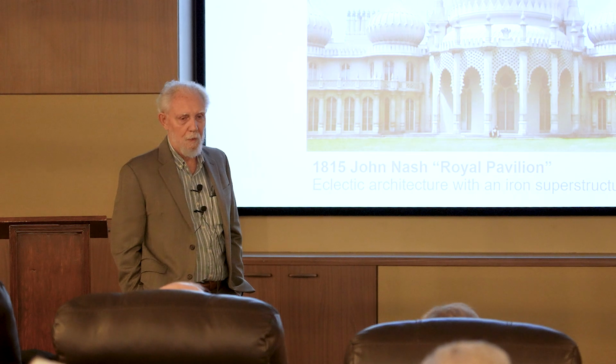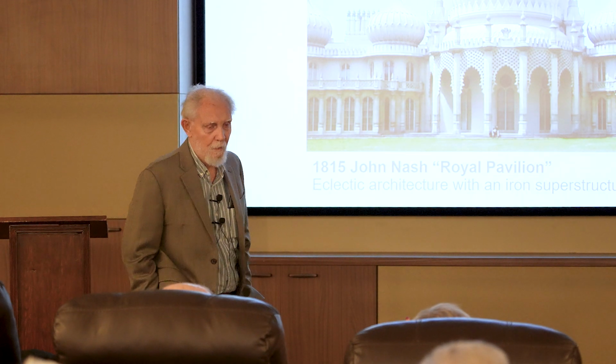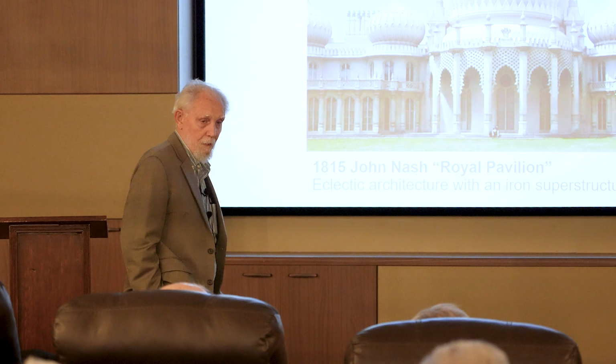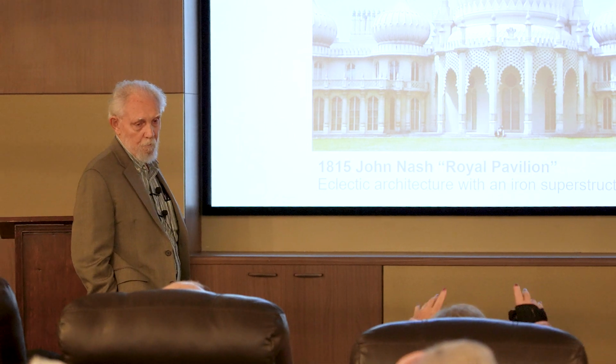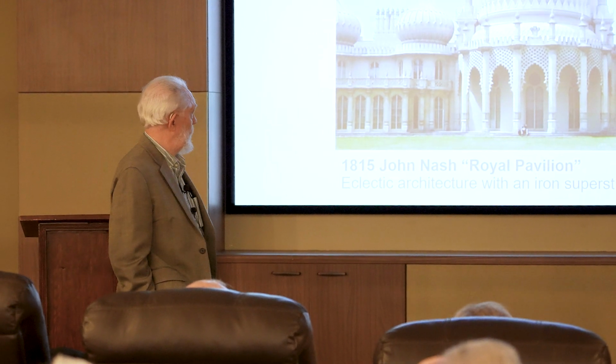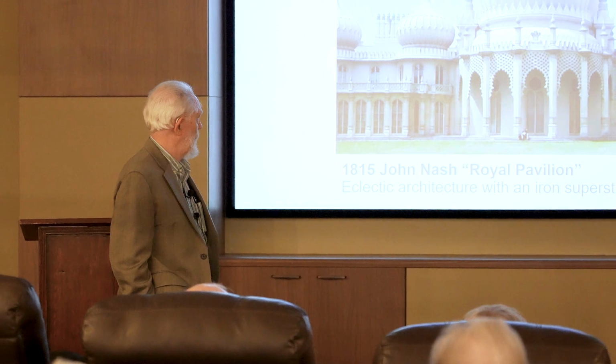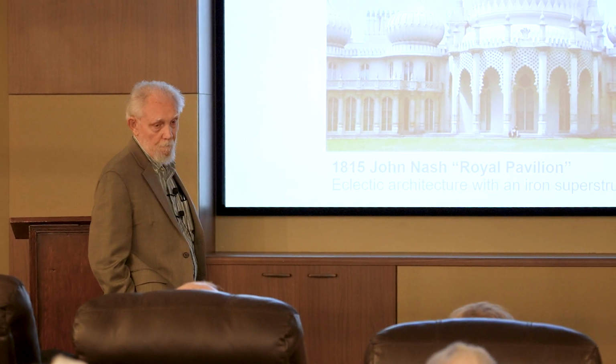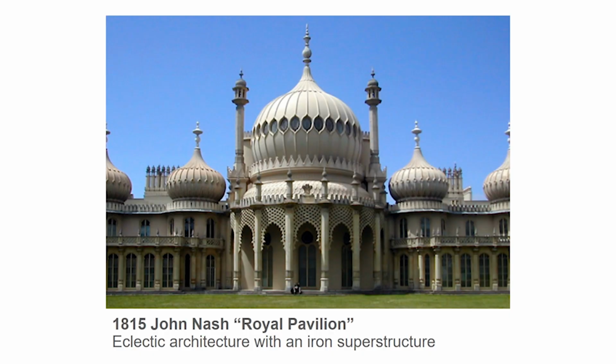I got another question about this architecture. You said it has to have iron to build these onion top buildings. Are the ones that are in Moscow and the ones in the Middle East, how are they made?